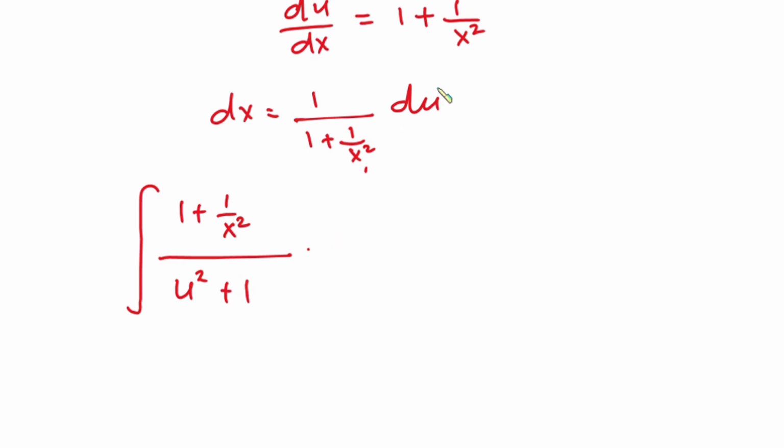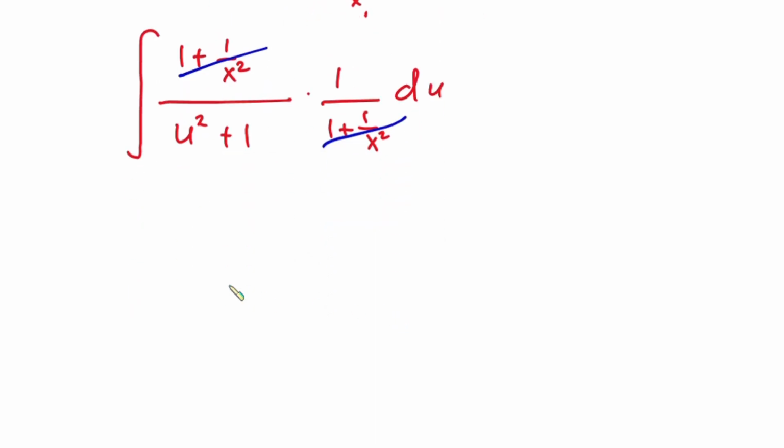Then dx is going to be this whole thing, so we have 1 over 1 plus 1 over x to the second power du. And straight away you can see that this whole thing is the same as this one, so they will cancel each other. Now we are left with the integral of 1 over u to the second power plus 1 du.